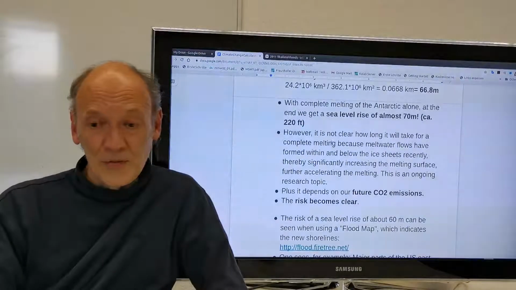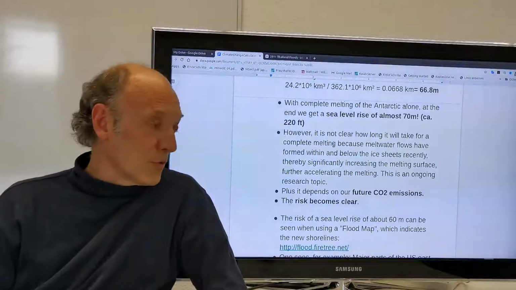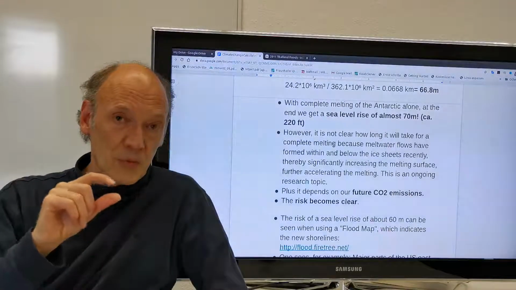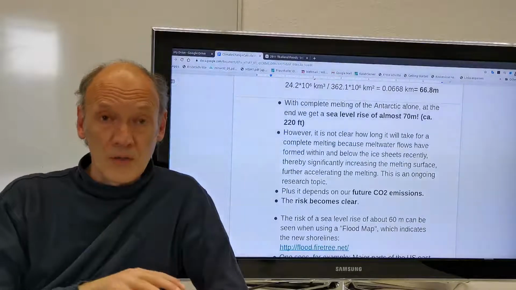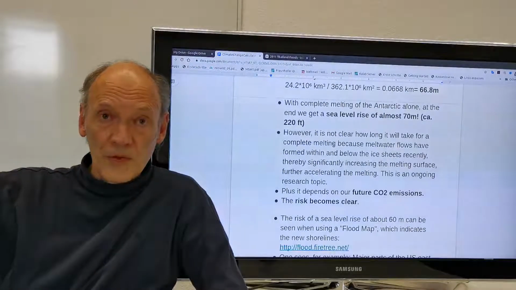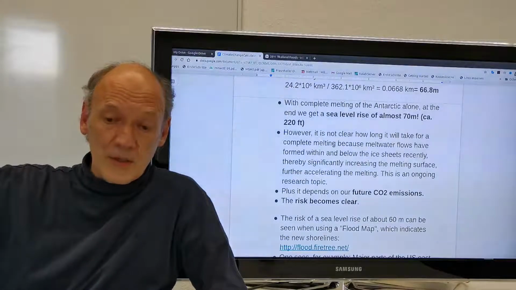But the good thing is it's not quite clear yet how long it will take. According to our computation, we have 1 centimeter per year, roughly, but we also saw the increase in CO2 levels, so this radiative forcing is quickly accelerating.